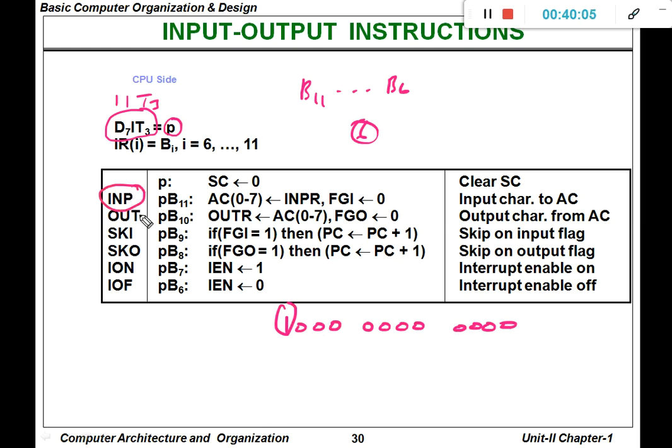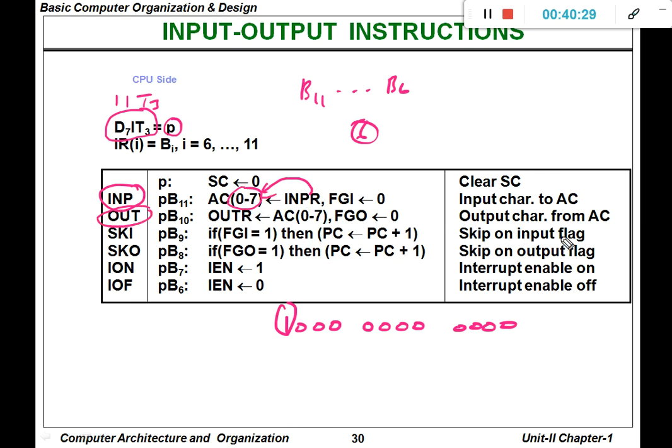What is the first instruction? The first instruction is INP. INP means input character to the accumulator register, that is, the INPR content will be moved to the lower bits, 0 to 7, of the accumulator register.